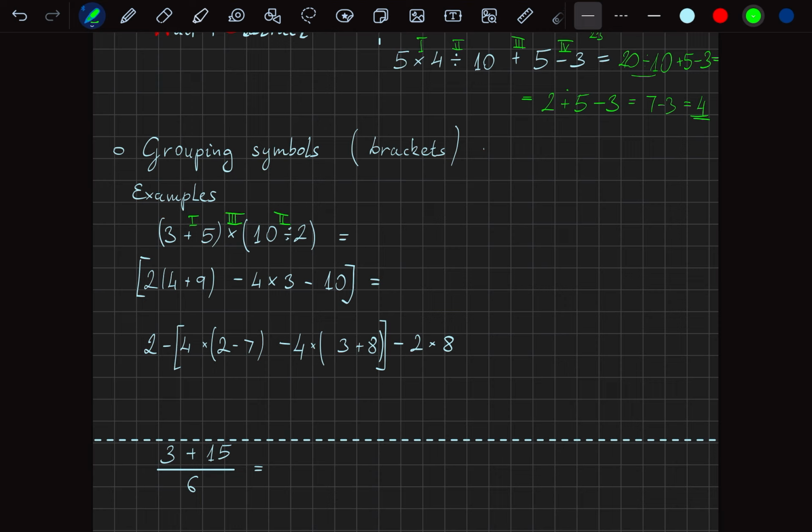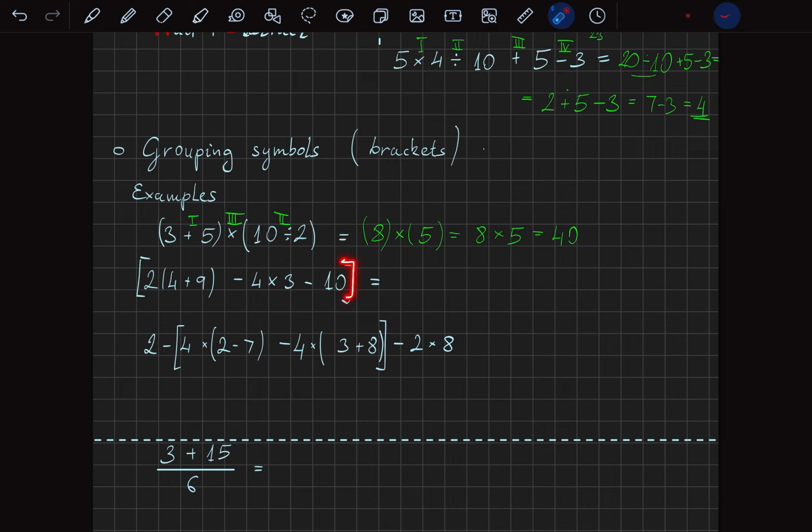So first 3 plus 5, it's 8, times 10 divided by 2, this was a bracket, it's 5. So 8 times 5, it's 40. Okay, here is not too much theoretical part. So basically we need just practice and practice.